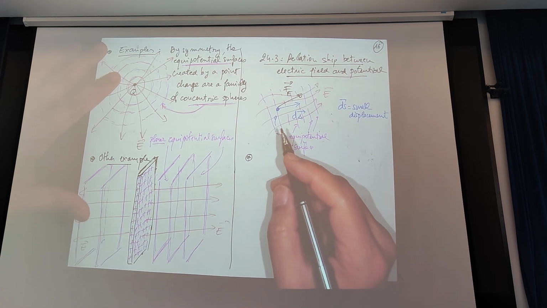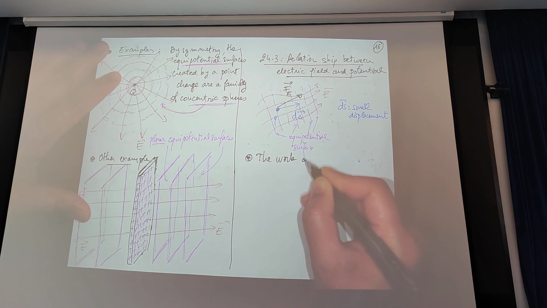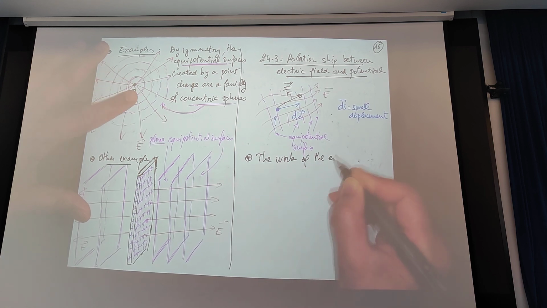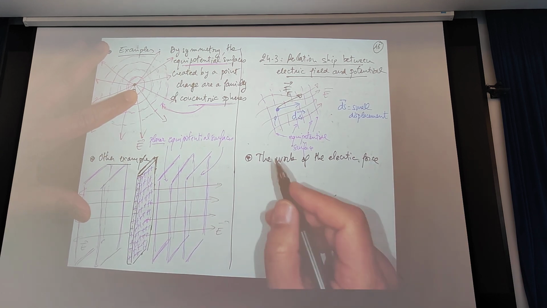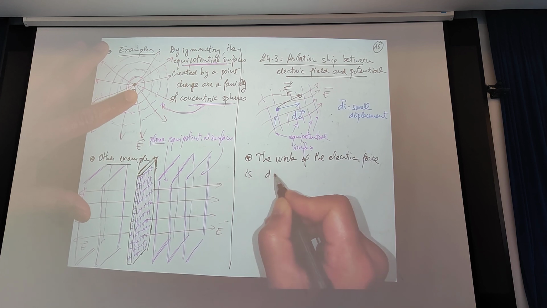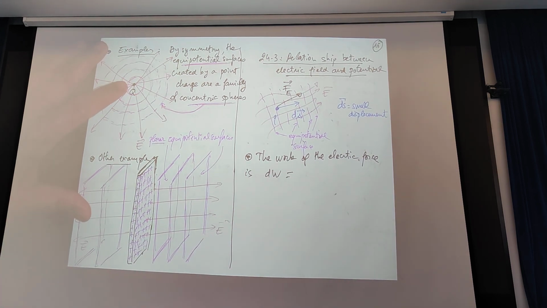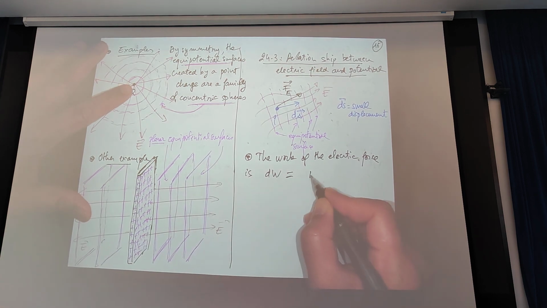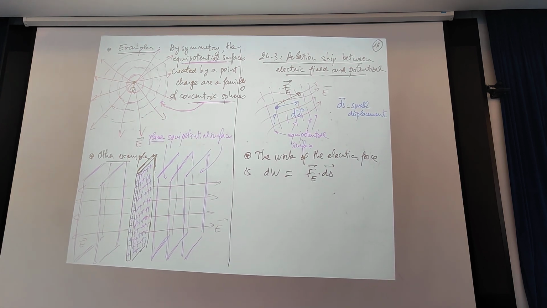For this displacement, the work of the electric force is, because it's a small displacement, a small work. It is equal to the dot product F times ds. Is it okay?